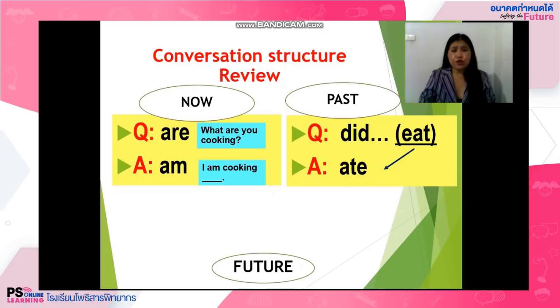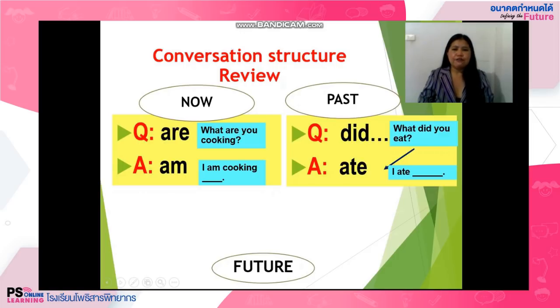Or if you use cook, then you have to add ed for cooked. Example: what did you eat? Or what did you have? Or what did you cook? And when you answer, you have to change it into simple past tense. So that is I ate, and then the food that you ate. I ate, I had, or I cooked.